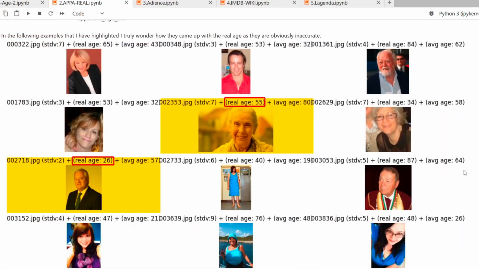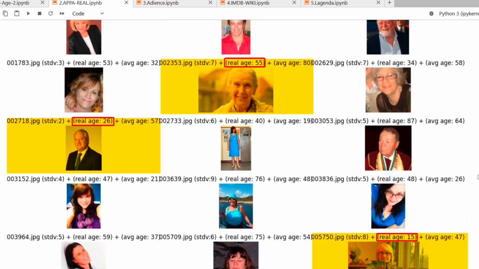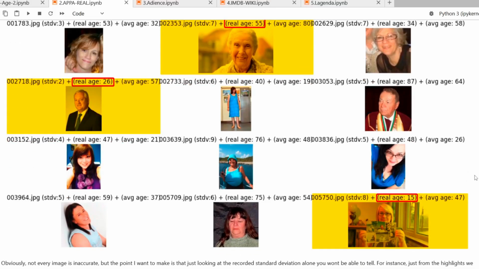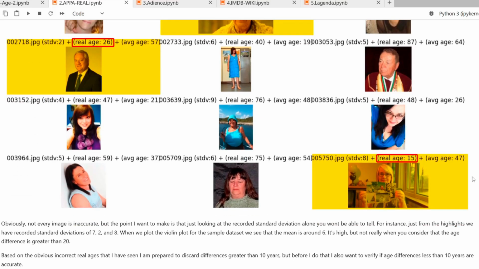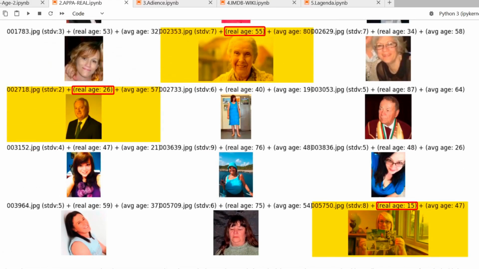So I dug into this and I found 3 examples where the real age was blatantly inaccurate. That's not even reflected in the variance data. The variances for them weren't as high as you would expect a deviation of 40 years to have. It was just because the real age was incorrectly assigned to these images.